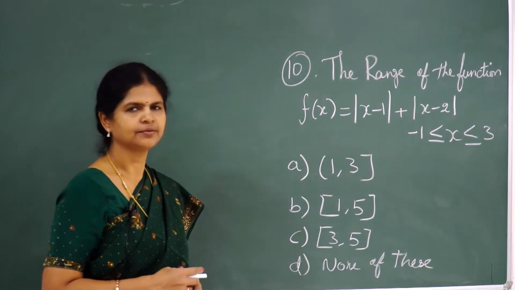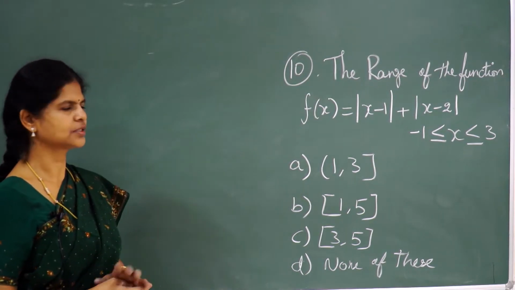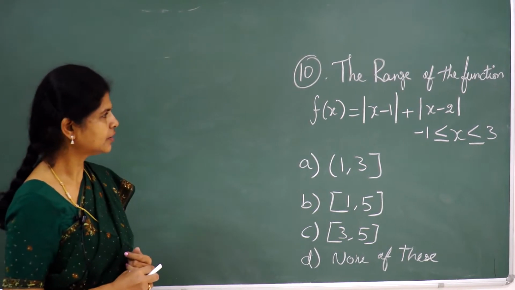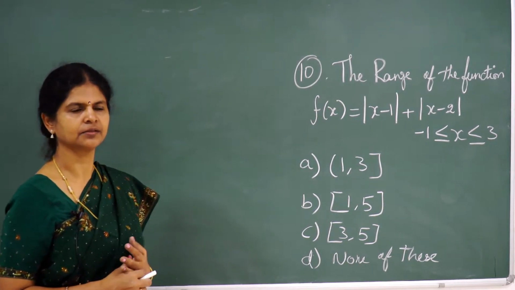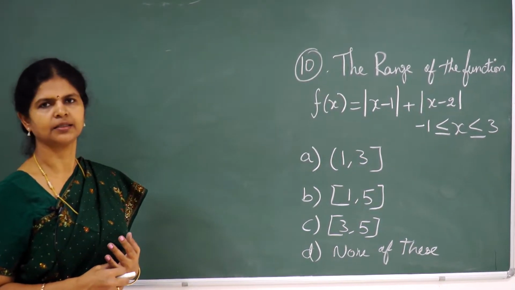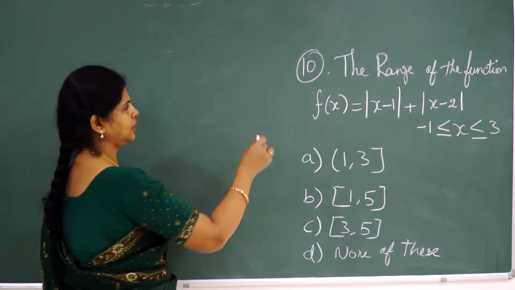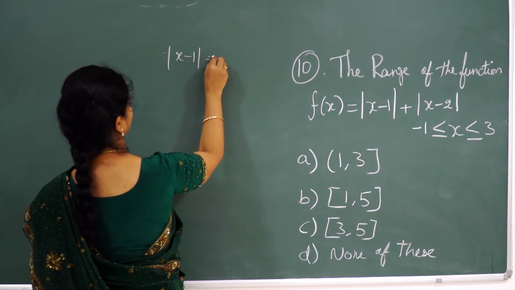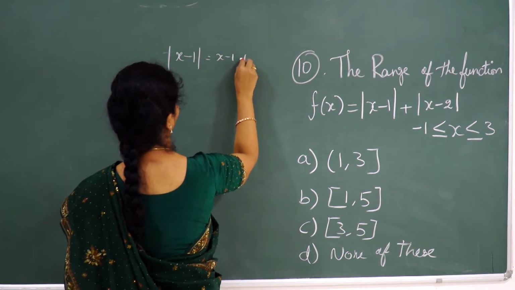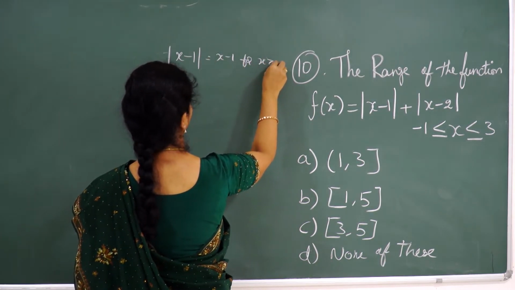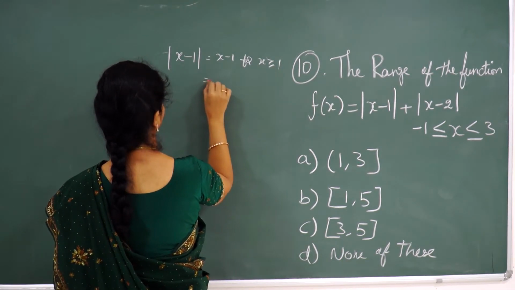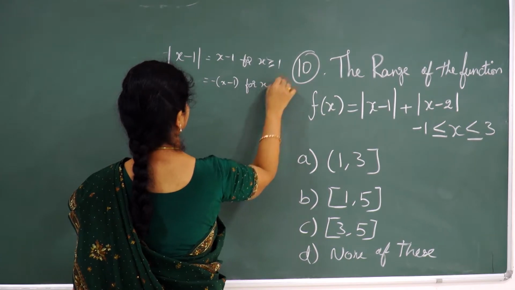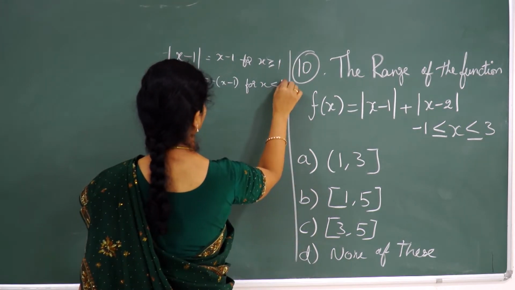Next question, find the range of the function where the addition of two modulus functions is given. You already know the modulus definition. Modulus x minus 1 equal to x minus 1 for x greater than or equal to 1, and equal to minus x minus 1 for x less than 1.